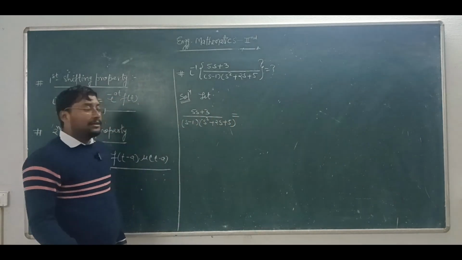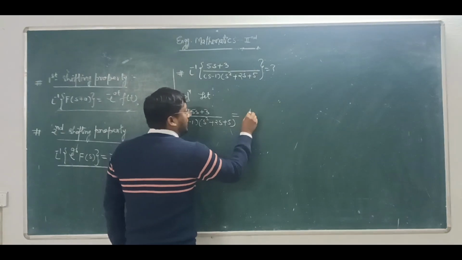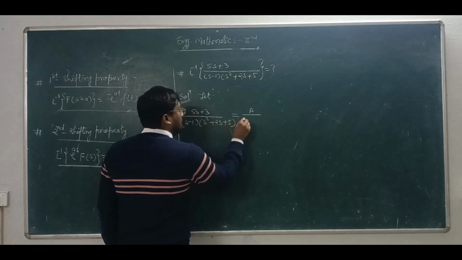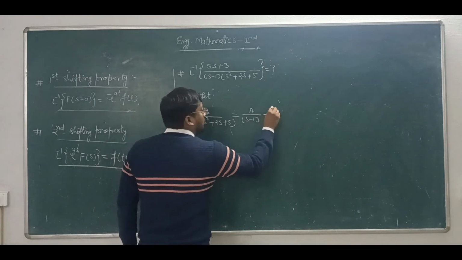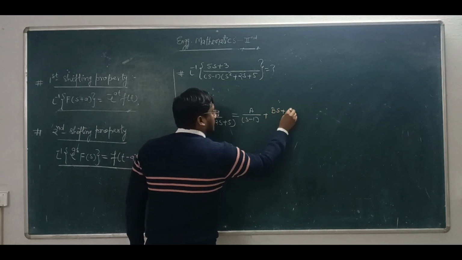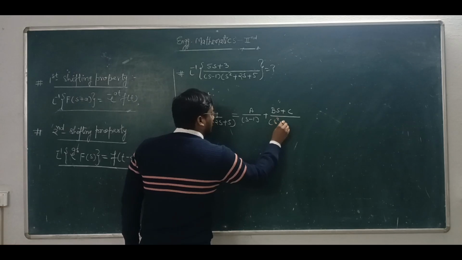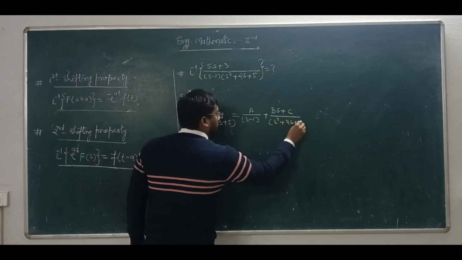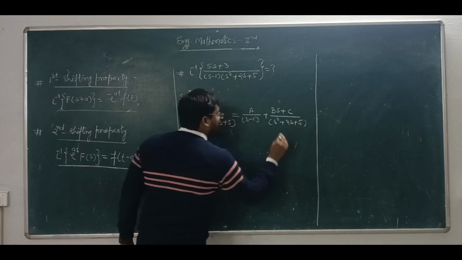First, I break it into partial fractions. Now break: A upon (s minus 1) plus (Bs plus C) upon (s square plus 2s plus 5).